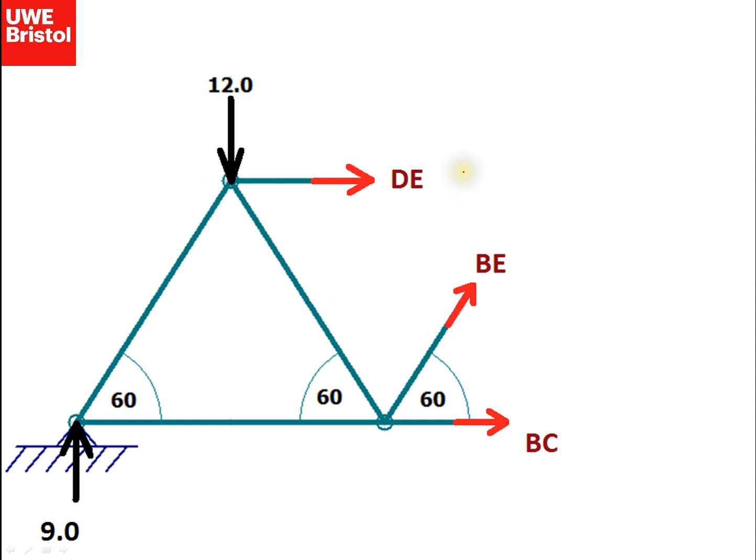Right, so I think I've got everything now to tackle this problem. I can start looking at this BE thing, and I can start resolving it so that it's split up into two components, one component pointing upwards and one component pointing along the horizontal.